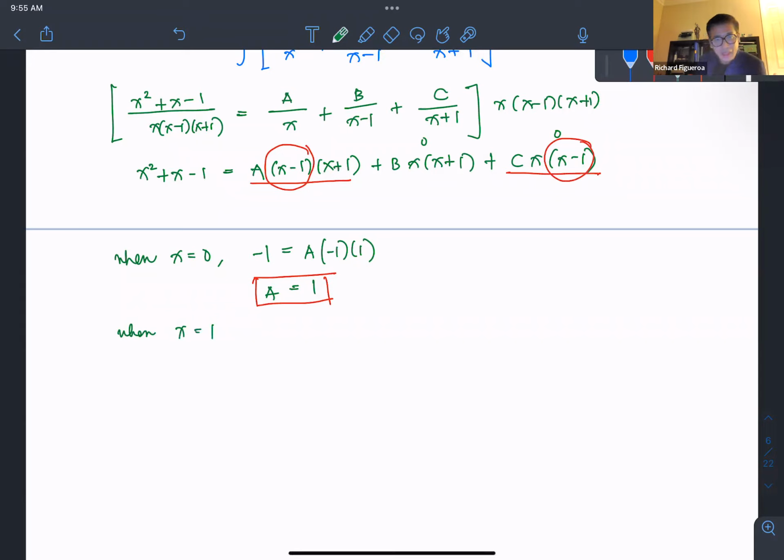So when x equals 1, we have 1 squared is 1, plus 1 minus 1, equals, A is eliminated, B times x plus 1, which is 1 plus 1, so 2. So 1 minus 1 is 0, plus 1, so 1 equals B times 2. Therefore B is 1/2.